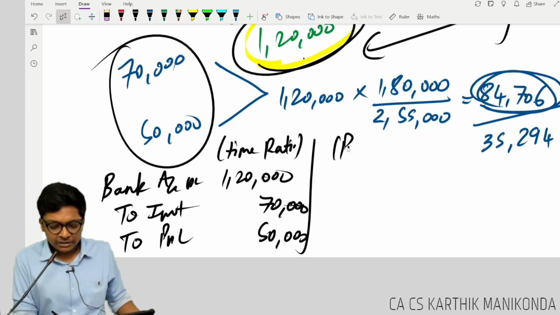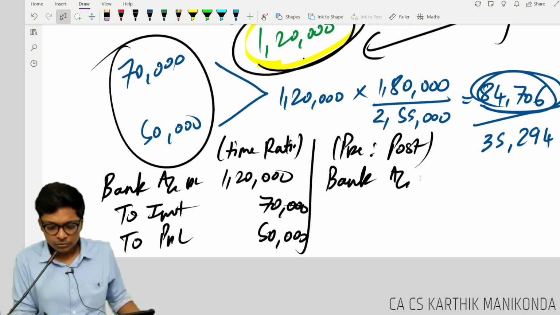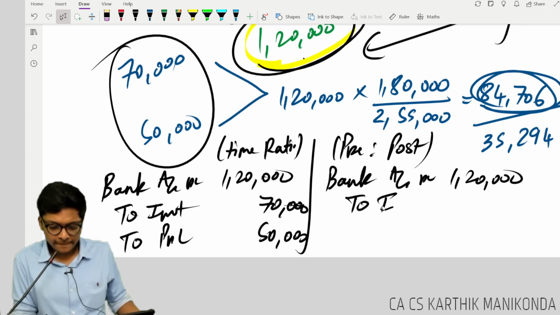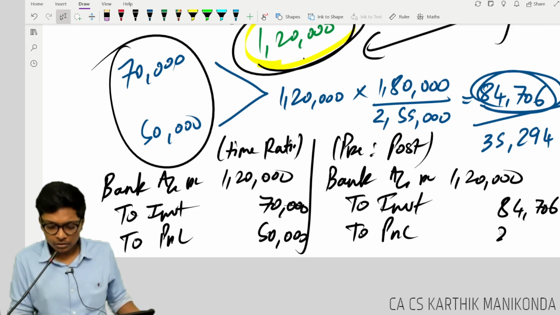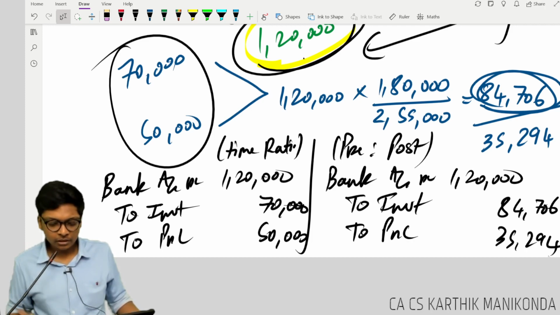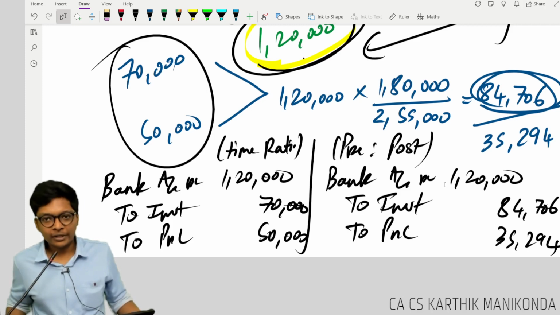Next, if I use pre and post ratio, my entry will be bank account debit 1,20,000 to investments 84,706 to P&L 35,294. Are you following, guys?